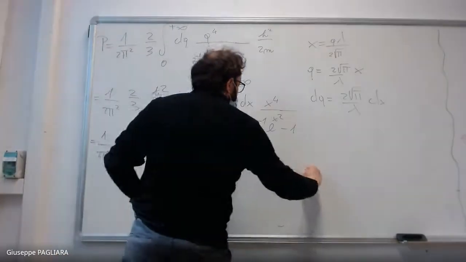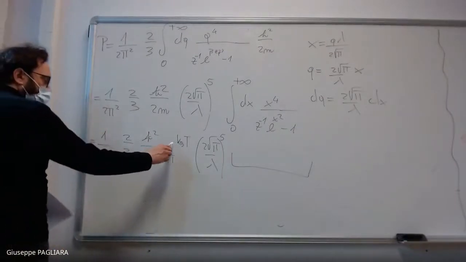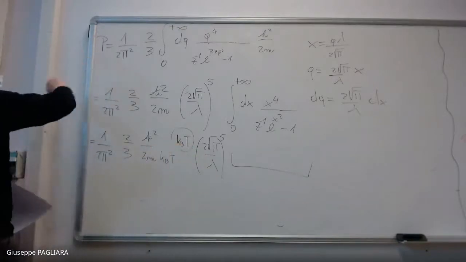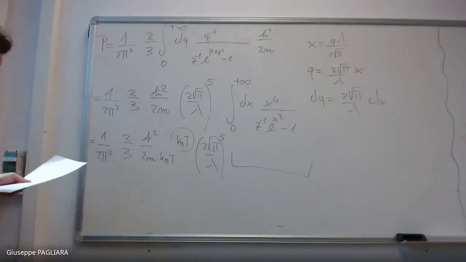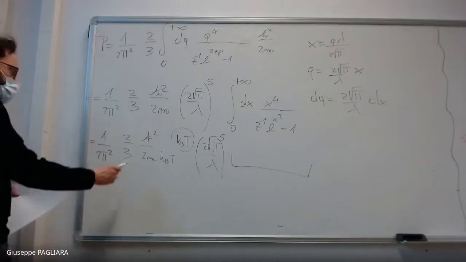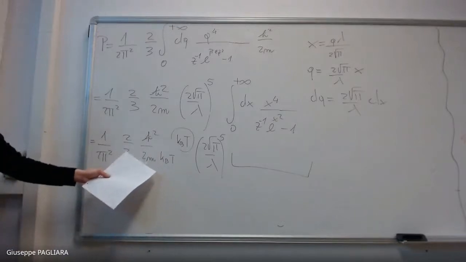And then I have this integral. Okay. So now it's okay because I get a kBT here that I can put in the denominator of this principle if I want to, or I can leave it there. And here I have lambda to the power of 2.